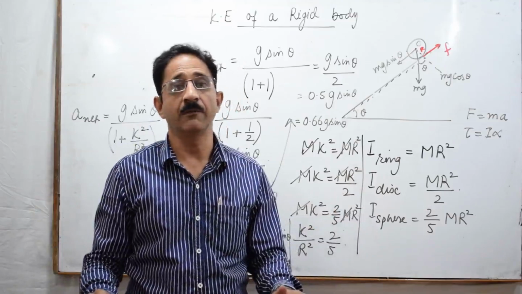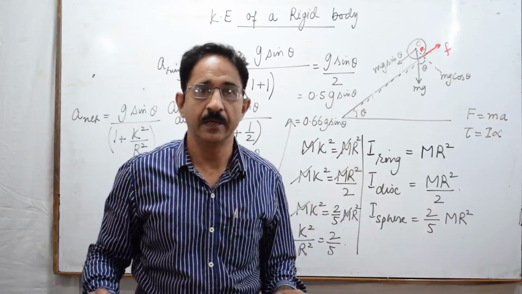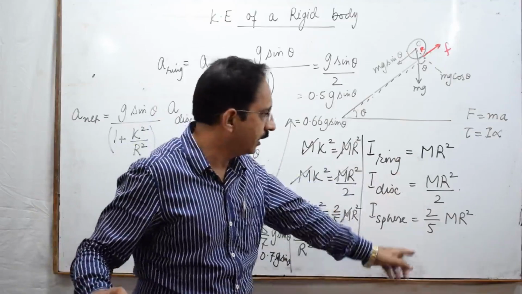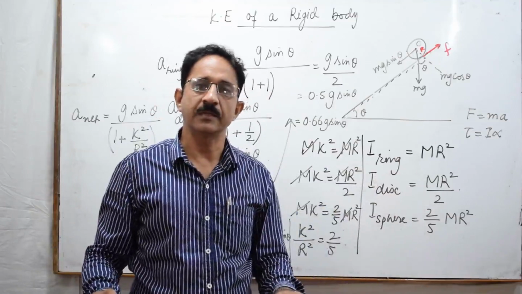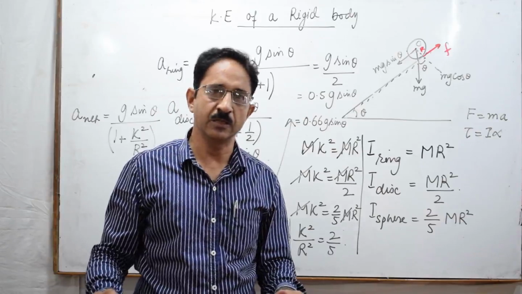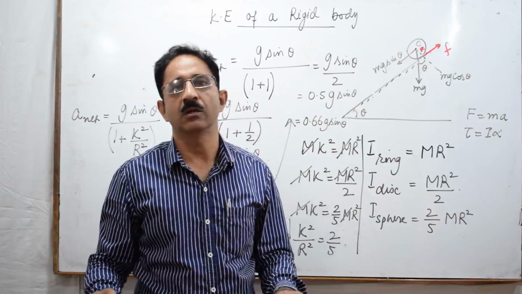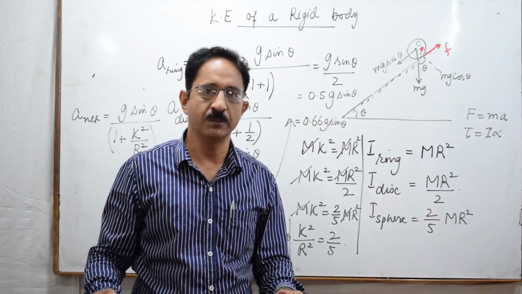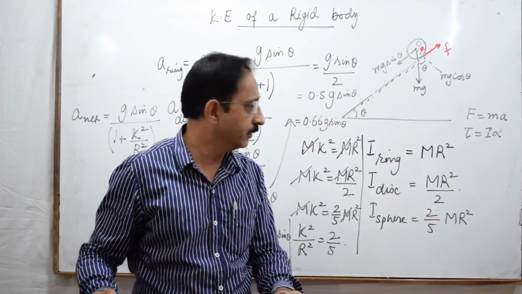So there is a very vital role played by the moment of inertia of the given object, and that decides its net acceleration. And on the basis of moment of inertia, you could think of the radius of gyration of the object, and that gives the given result.